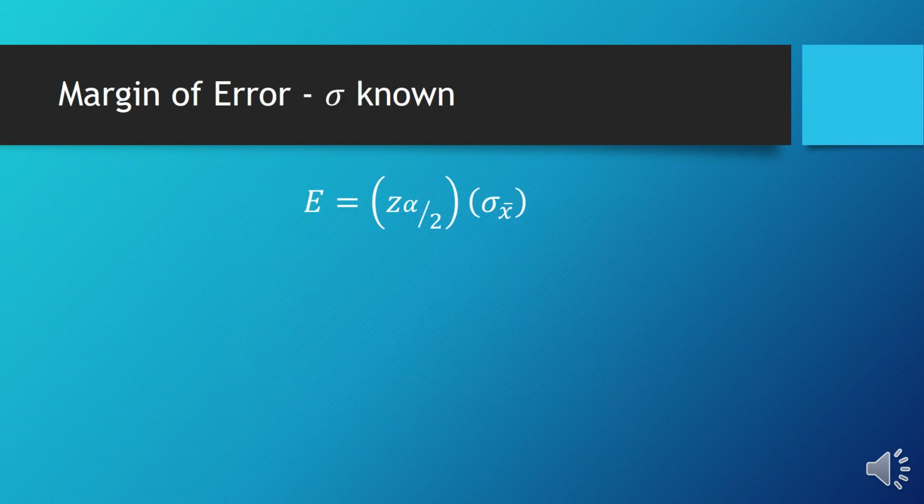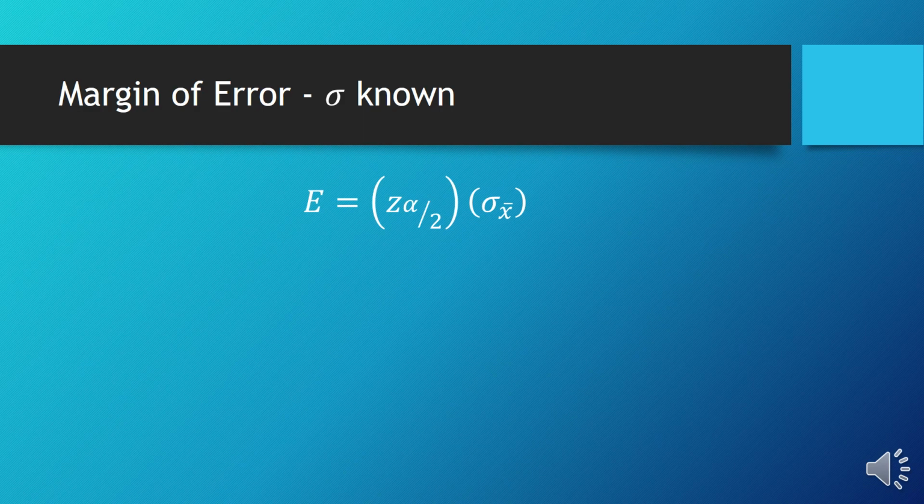Here we have the formula for the margin of error. And again, this is if you know the population standard deviation. So the margin of error E is equal to the critical z-value, which is z sub alpha over 2, times the standard deviation of a sampling distribution of sample means, or sometimes called the standard error of the mean.